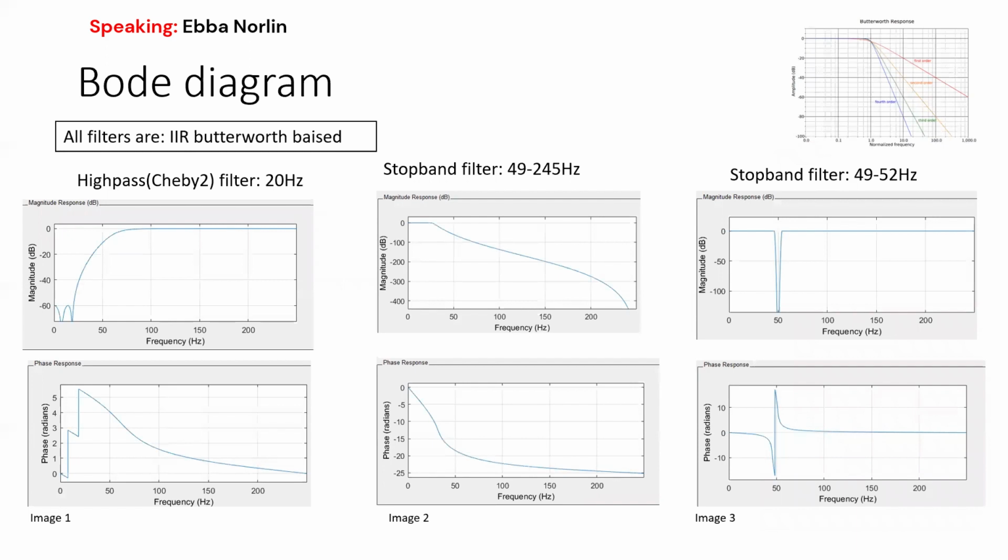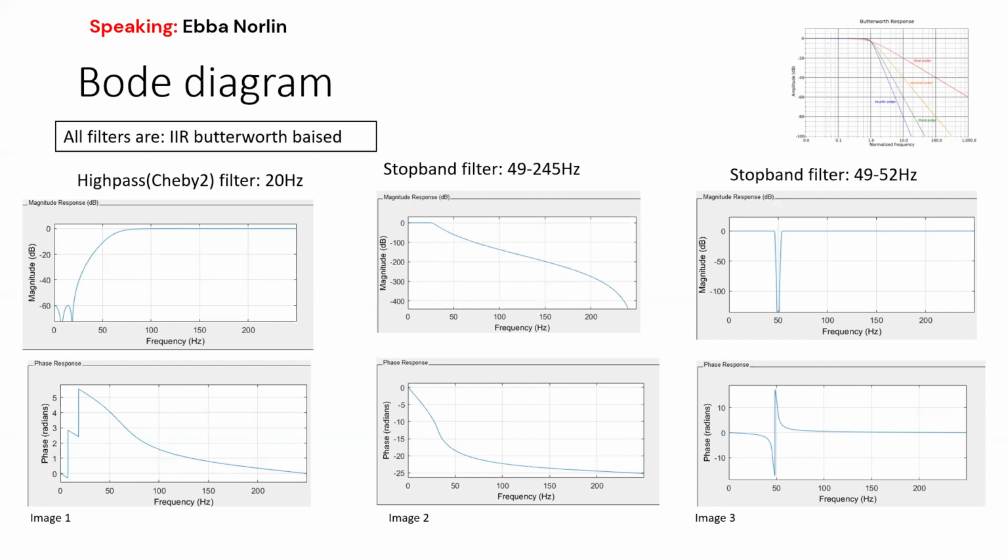And when filtering this signal, we used 3 filters, or 2 filters that are the same, a stop band filter and 1 high pass filter. All of these filters are Butterworth based, which means that they are steeper and easier to use in this kind of sampling and signal processing.